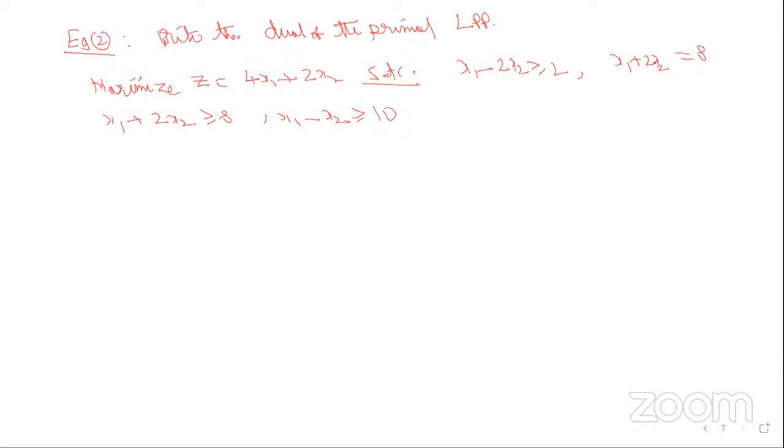Where x1 is greater than or equal to 0, and x2 is unrestricted in sign.